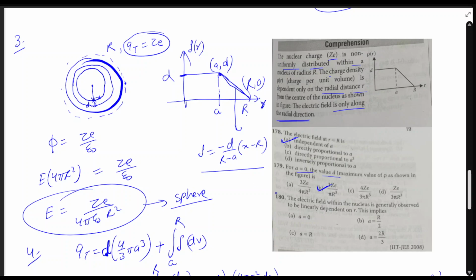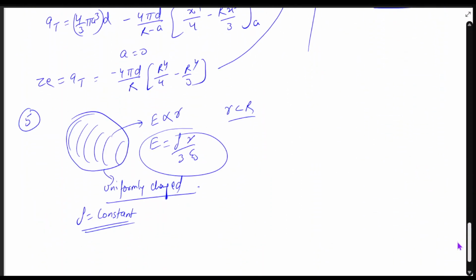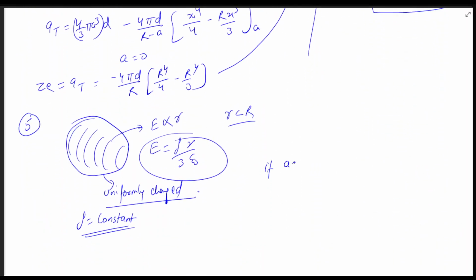So a must be equal to R, right? So this is an easy question. So if a is equal to R, our density will be constant D, and this formula will be valid, right? So this is a simple question, of course, but you have to be careful, okay?